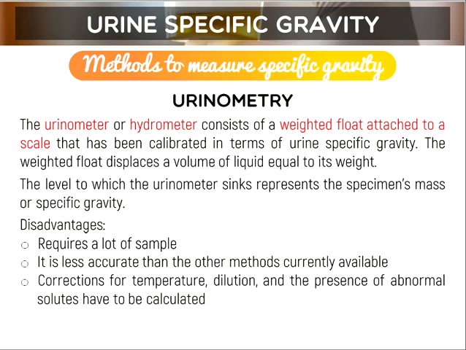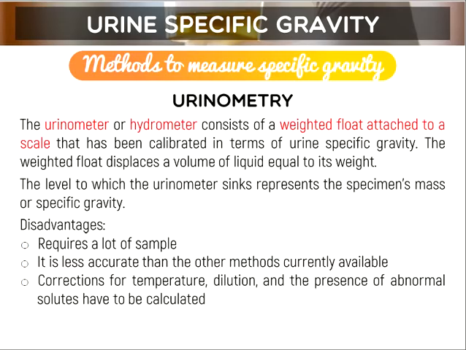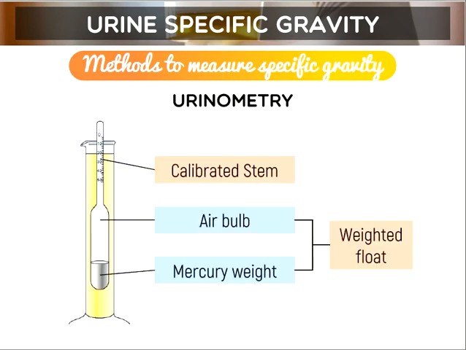As you can see, the urinometer has no advantage, guys. It is historical and should be phased out. It requires a lot of sample, it is less accurate, and corrections for temperature, dilution, and presence of abnormal solutes have to be calculated. It has a calibrated stem and a weighted bulb.